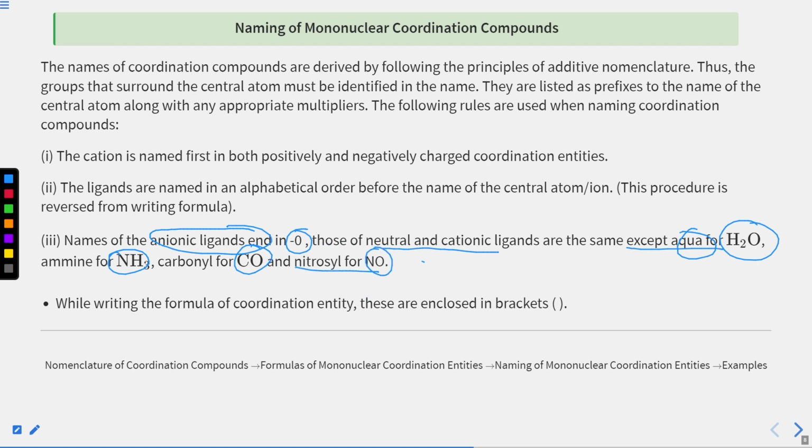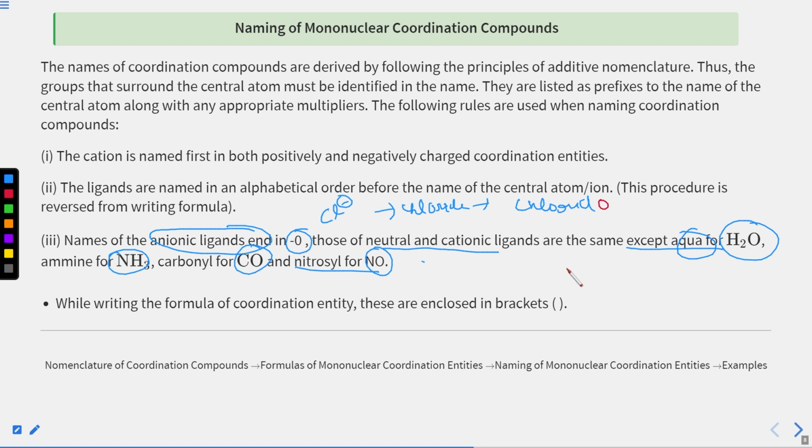So what is the meaning of this O? Suppose we have Cl minus, then we will not write it as chloride. Instead, we will write it as chlorido. That is, this O will be added.